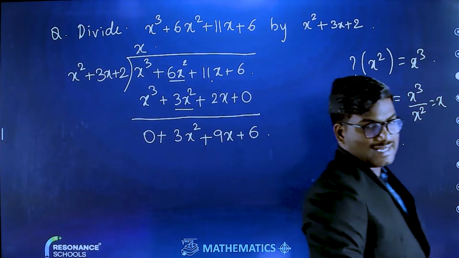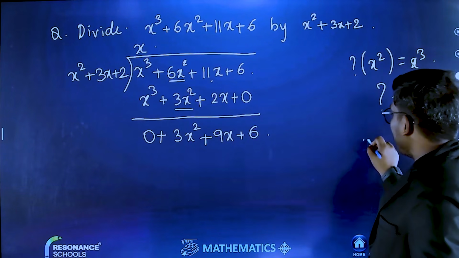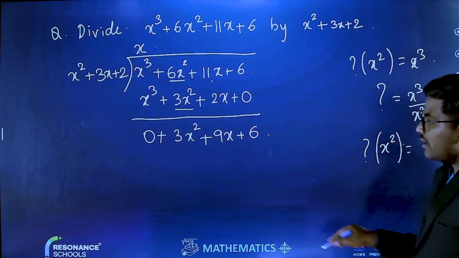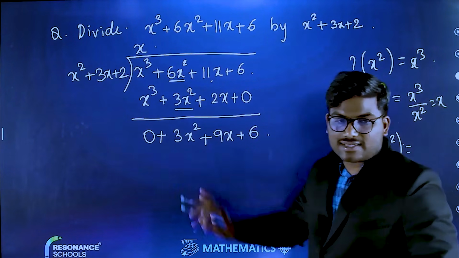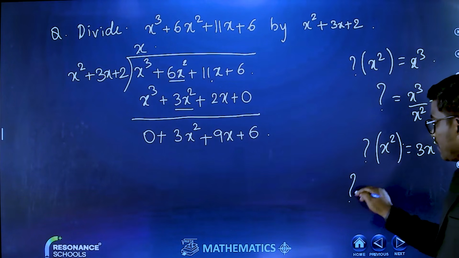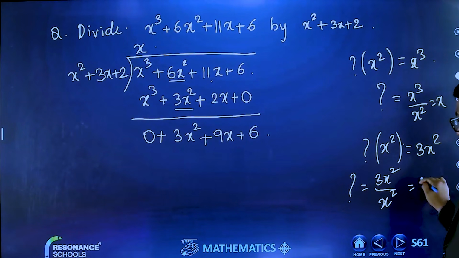Now understand it this way. What can be multiplied with x square to give the highest term here, 3x square? That will be 3x square by x square, so that will be 3.